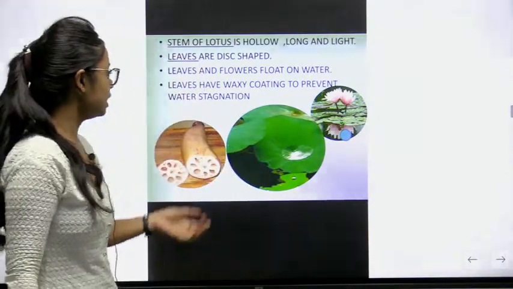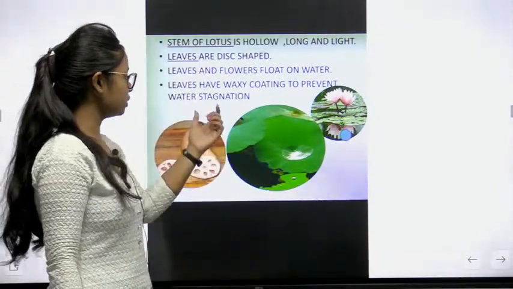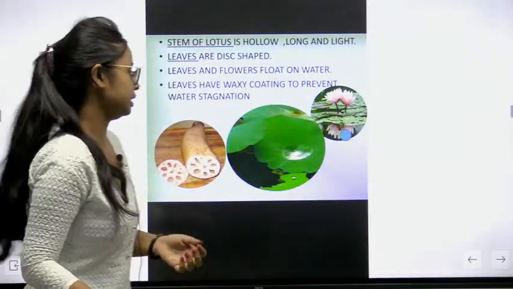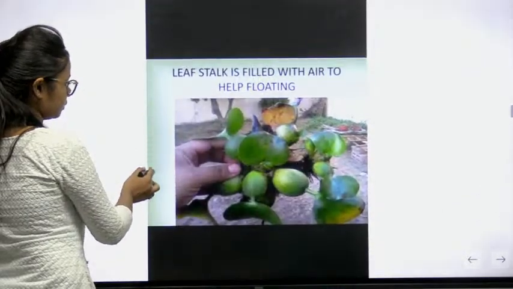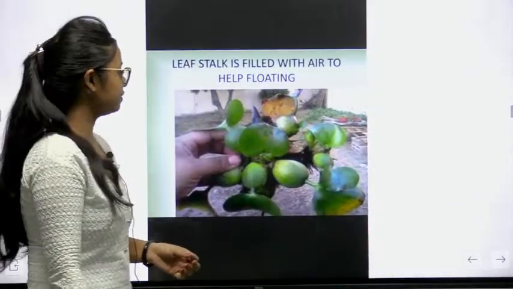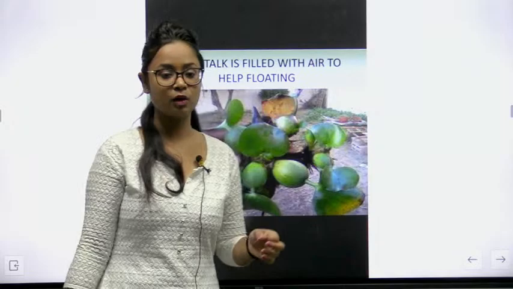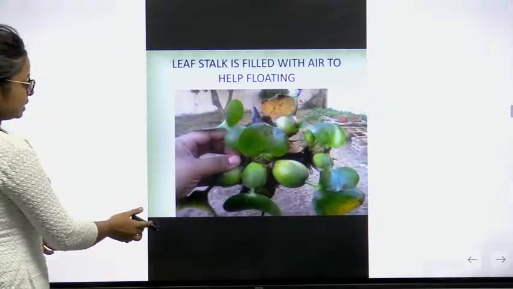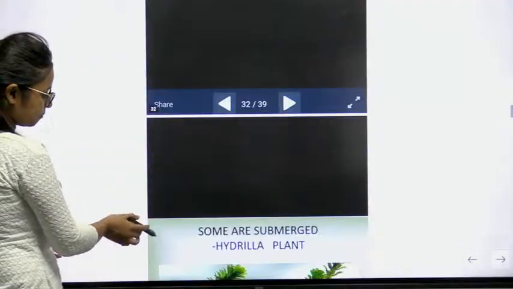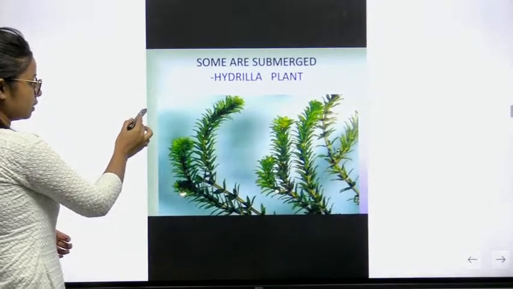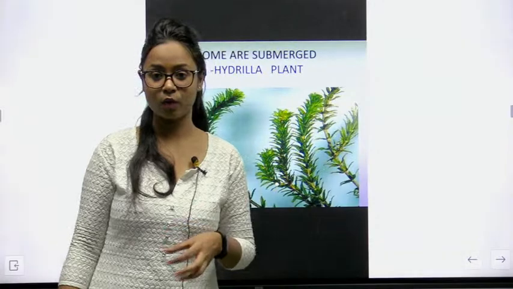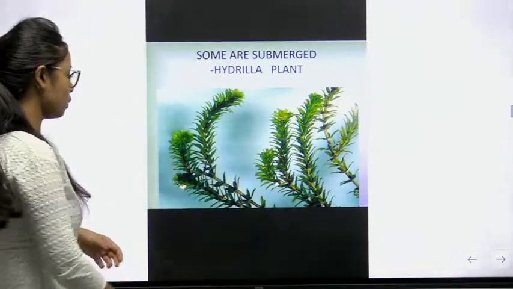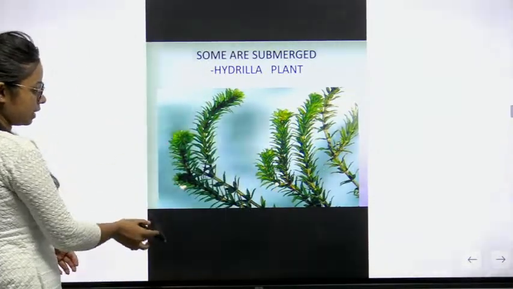So that's why they have a waxy coating on their leaves. The leaf stalk is filled with air so that they can easily float on water. Now hydrilla is a submerged plant which grows inside water only. That is the hydrilla plant, you can see.